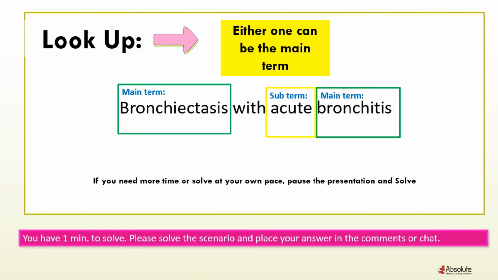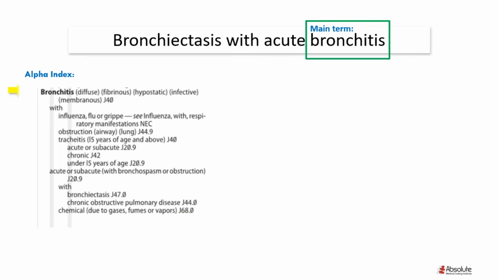All right, let's look up our main term in the alphabetic index. So, just to point out, if you can only have one main term, the other terms will be subterms, just to let you know that. Now I'm going to look up bronchitis first. That's my main term.